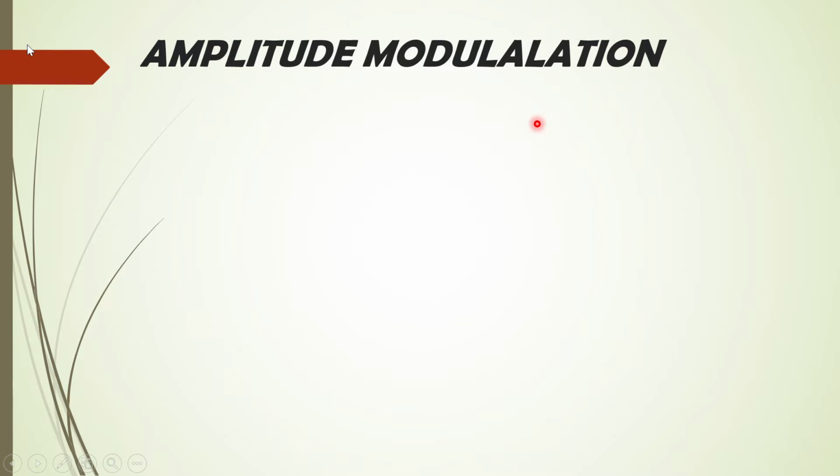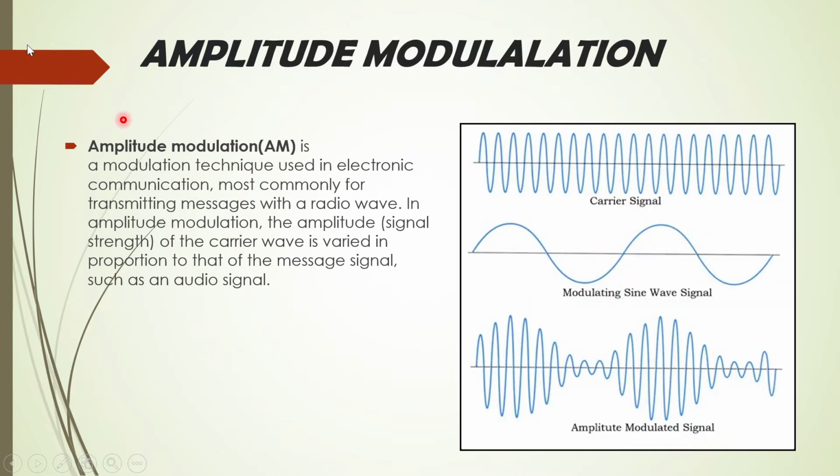The message signals are of very low frequency and they cannot be transferred over long distances, so we need to modulate them. Amplitude modulation is a modulation technique used in electronic communication, most commonly for transmitting messages with a radio wave.